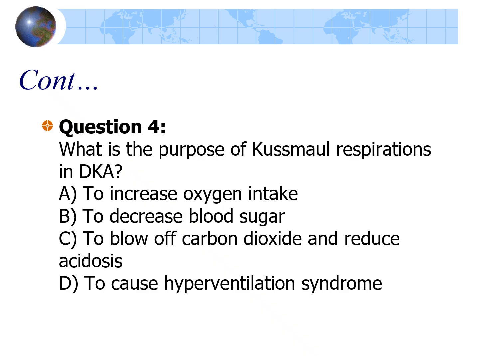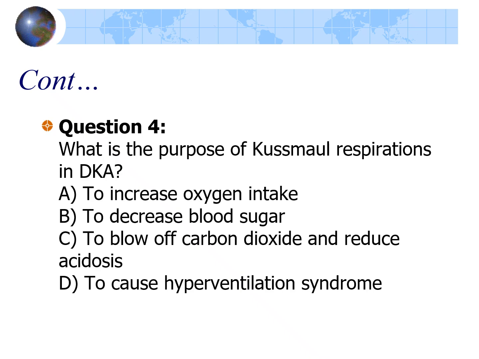Question 4. What is the purpose of Kussmaul respirations in DKA? A. To increase oxygen intake. B. To decrease blood sugar. C. To blow off carbon dioxide and reduce acidosis. D. To cause hyperventilation syndrome.